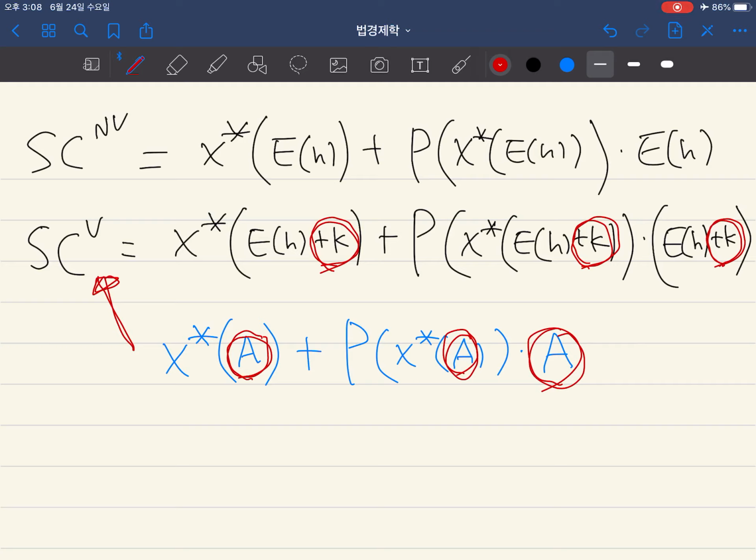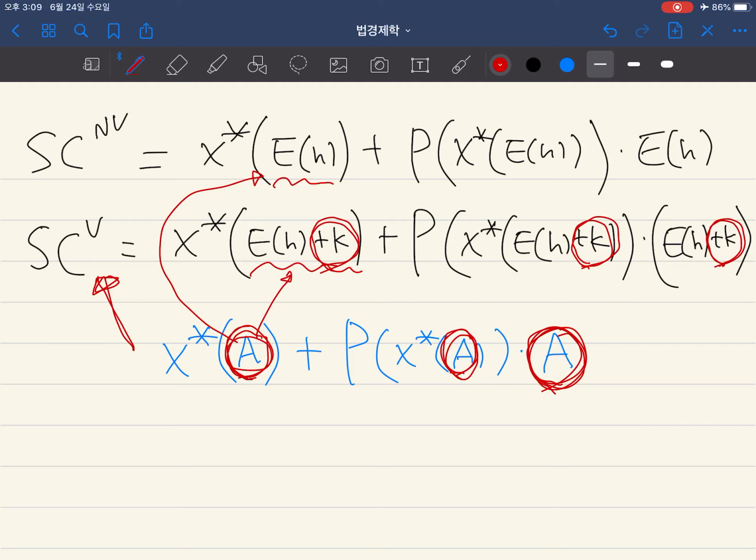So this number A is EH plus K for social cost under verification, and this number A is just EH for social cost under no verification. So as long as K is a positive number, this number A is bigger for social cost under verification.